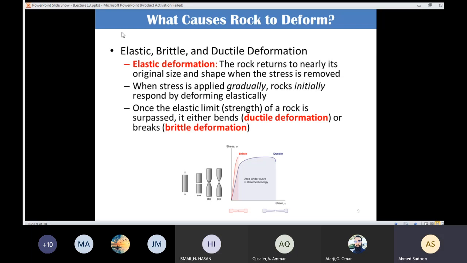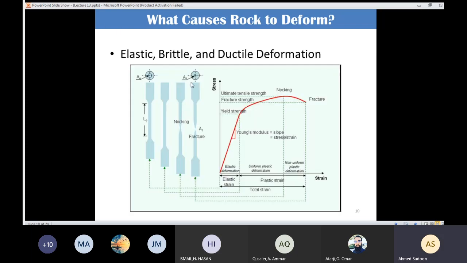To understand this, please look at this figure. Assume that I have a material, and that material is fixed at this part and also fixed at that part. Here we have the original length, which is referred to by the letter L naught. Then I'm going to apply a force.